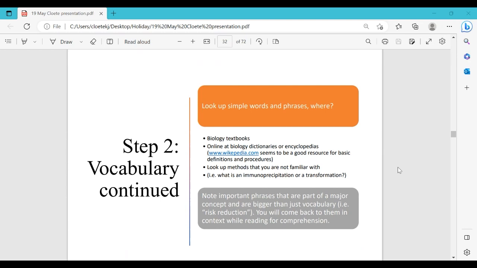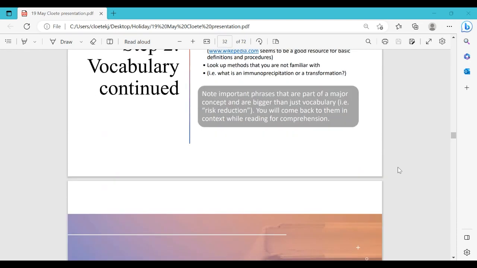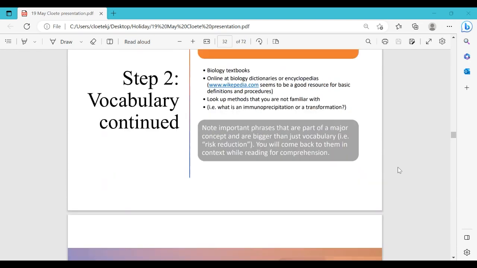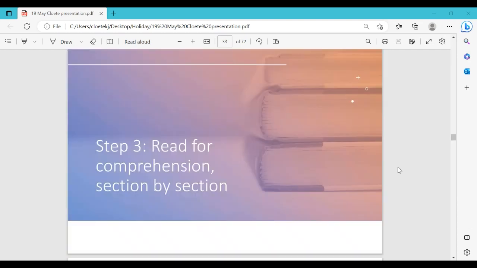So you really need to understand what this word means so that you can really understand what this paper is about, okay? So remember, there's a difference between certain words you don't understand and certain phrases, okay?